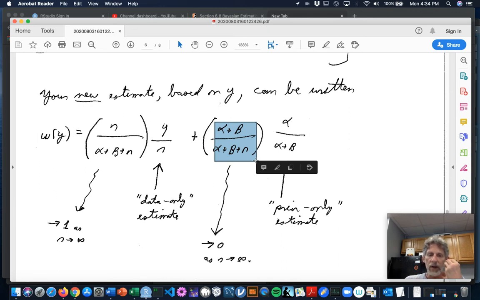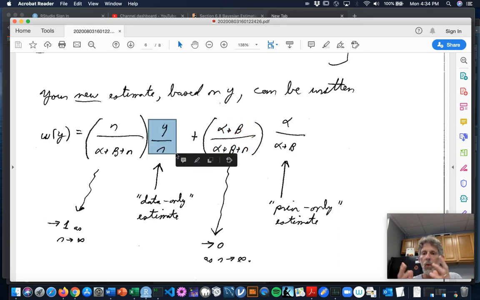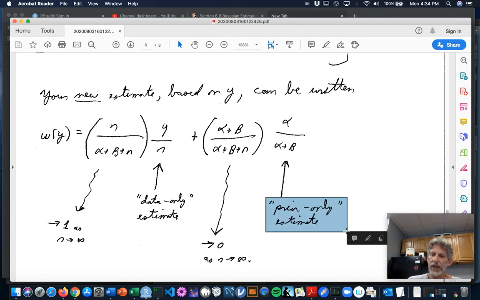And so what's happening is the very sensible thing that the more data you get from her, the more weight you're going to give to the data-driven estimate, and the less important that population that she came from is going to be in your mind when it comes to thinking about her.